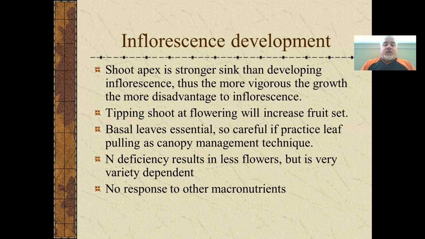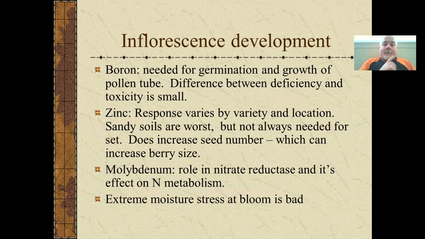There doesn't seem to be a very strong correlation with the others, the phosphate, the potassium, calcium, magnesium, sulfur, in terms of flower or fruit set, I should say, or number of flowers. Now, certainly you need enough of them. You need enough of all six of those macronutrients, but there isn't a strong relationship there.